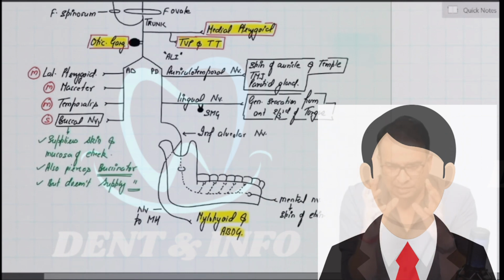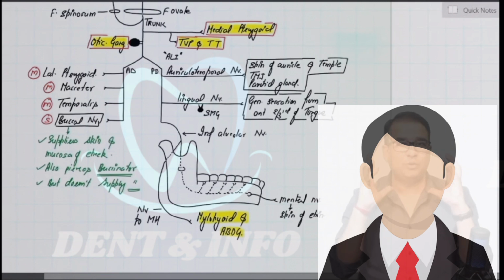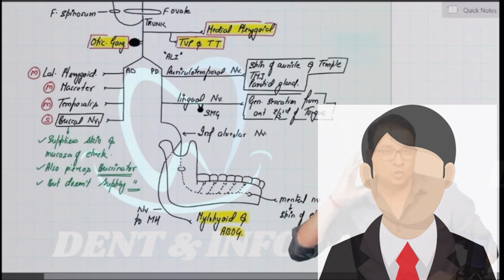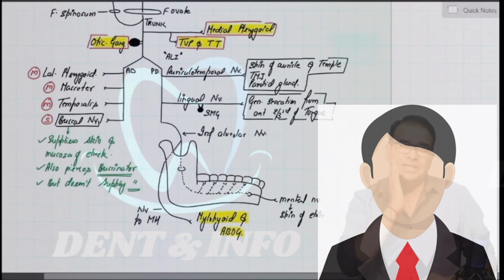Now, I'll tell you something about the action. Although we'll discuss that in the TMJ, I've discussed that already as one of the demo lectures for you in the temporomandibular joint. One of the functions of the muscles of mastication is to push the mandible. The right side muscle will push the mandible toward the left side like this. You can see my jaw right now is toward the left side.